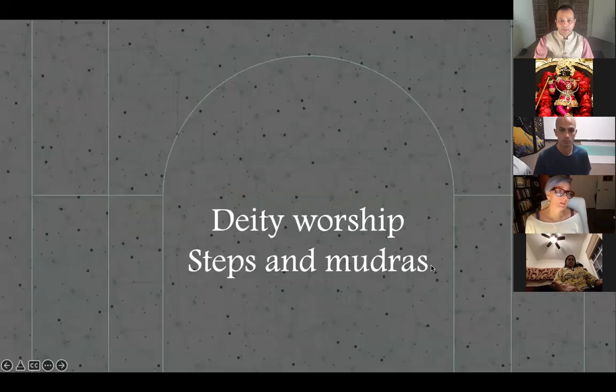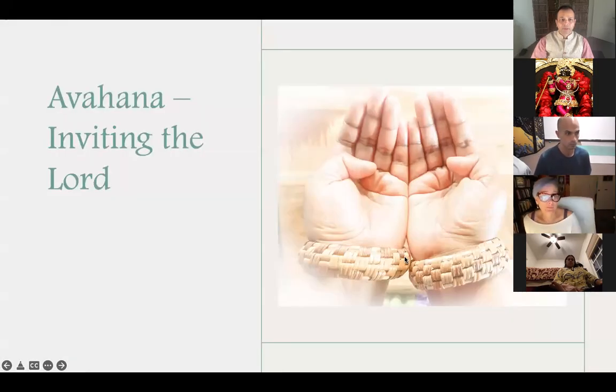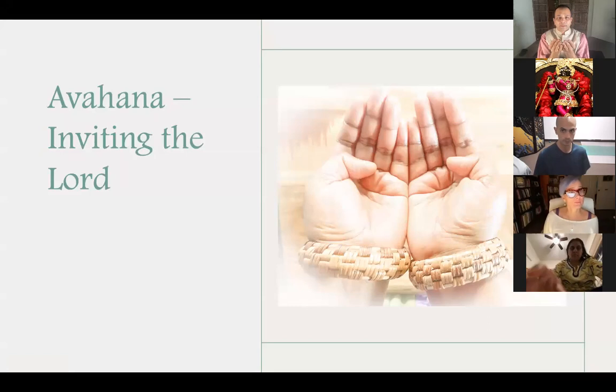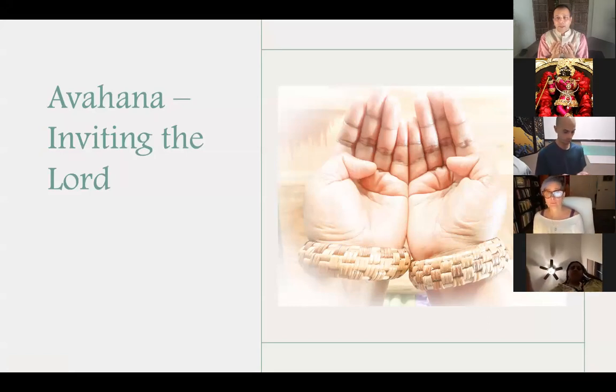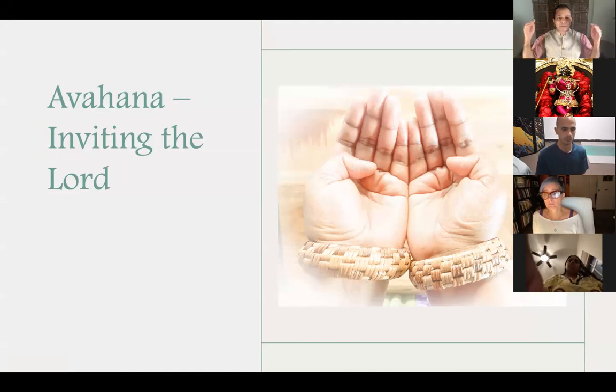All right. So first is, we did already previously, inviting the Lord, Avahani Mudra. Right? You can do that avahana set of mudras right away. Those 6 mudras. So when you do the worship, we did this and we already know the 6 mudras, right?